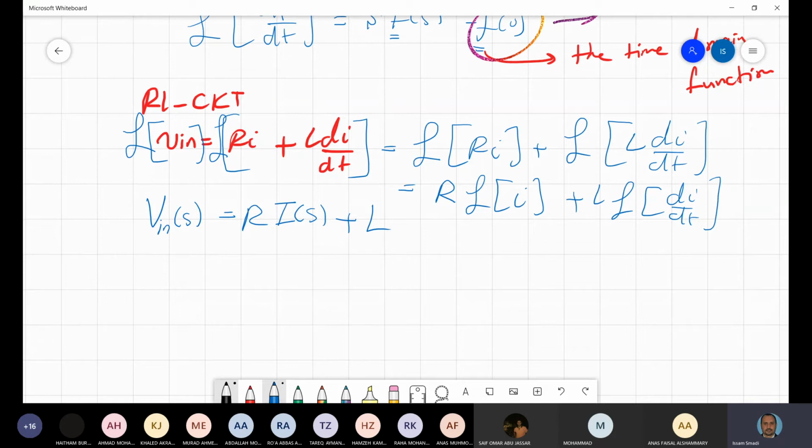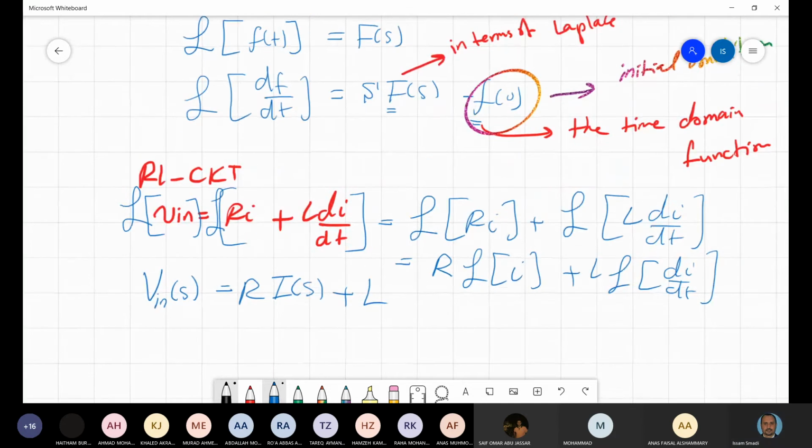We already defined it here. It is L s I of s minus L times I of 0.